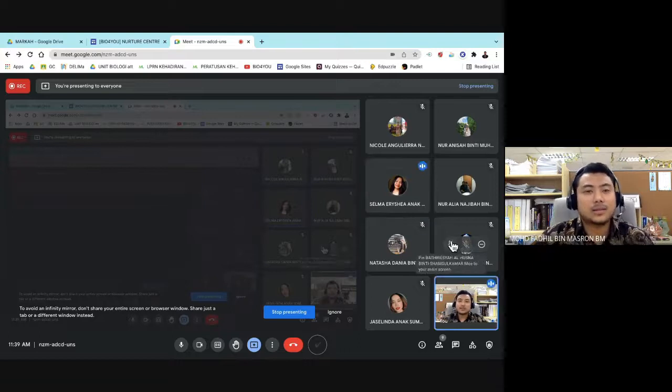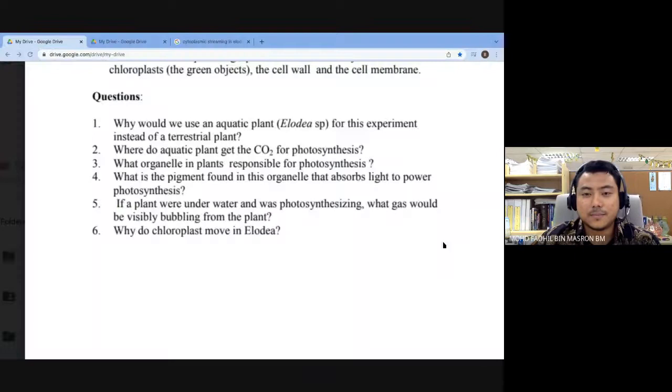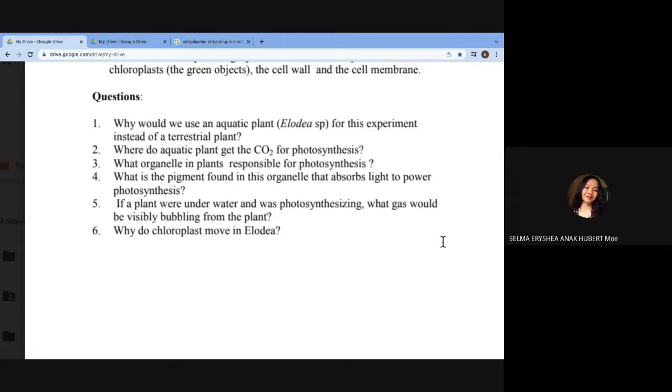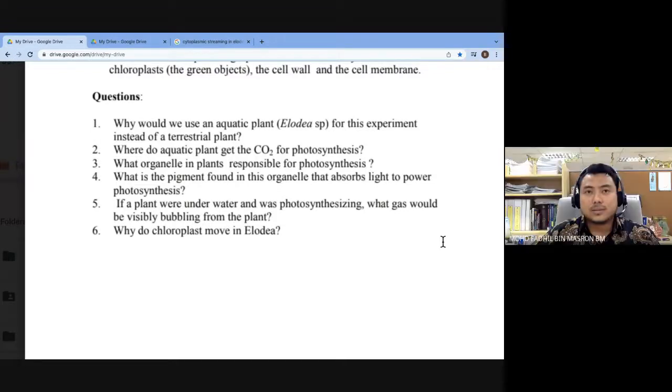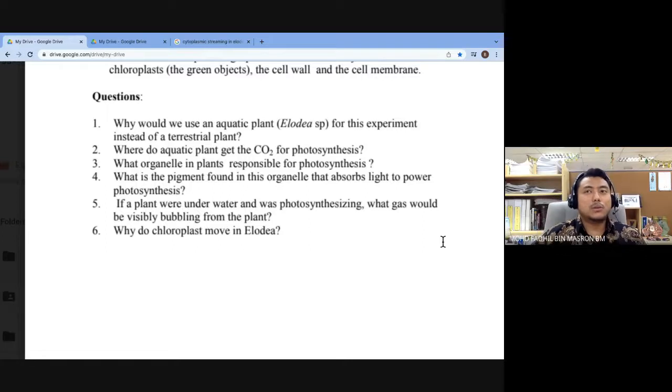Wrong answers are not to be penalized, but to be fixed. Agak-agak kenapa Selma kita guna aquatic plant ni? Daun dia tebal ke, nipis ke, sebab daun dia macam mana, ada cuticle wall ke? Agak-agak. Kenapa kita gunakan aquatic plant untuk eksperimen ini?